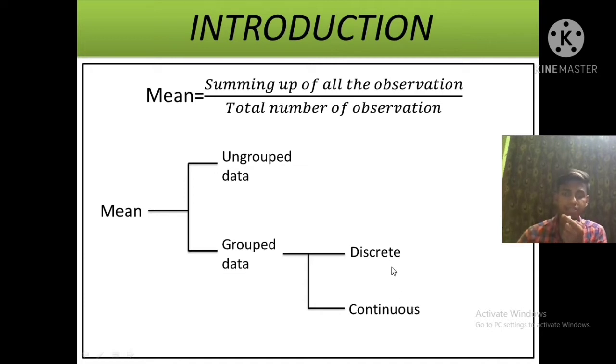The formula for ungrouped data is summation of x divided by n. For grouped data discrete series the formula is summation of fx divided by summation of f, and for grouped data continuous series the formula is summation of fm divided by summation of f.